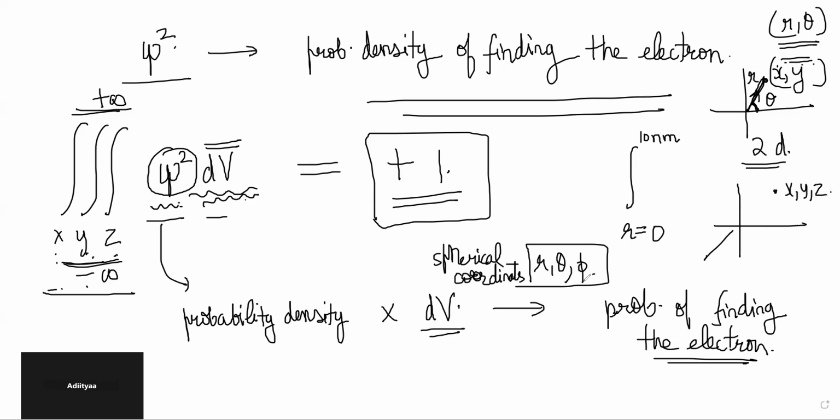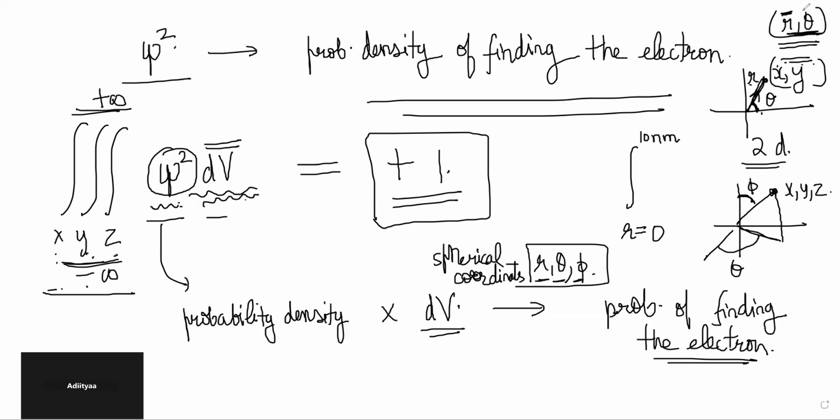The different way is called spherical coordinates, which will involve r, theta, and phi. R is the distance from the center. Theta and phi are these angles. One angle is with this axis, like this. One angle is with this axis. Don't worry about it so much. We'll not be doing anything with it. But you understand what I'm saying. Just like here in 2D, you converted it to polar coordinates, right?